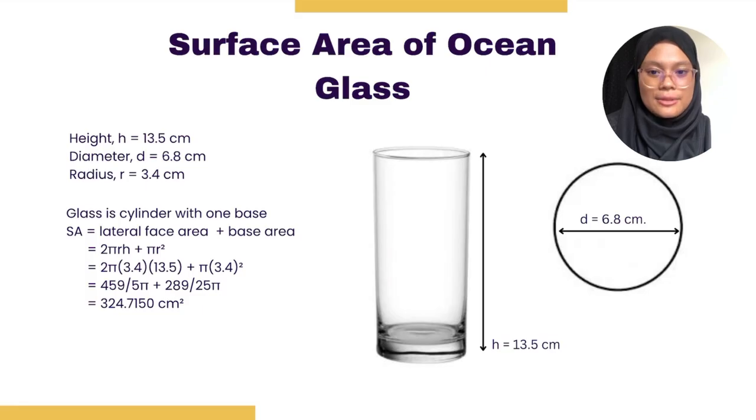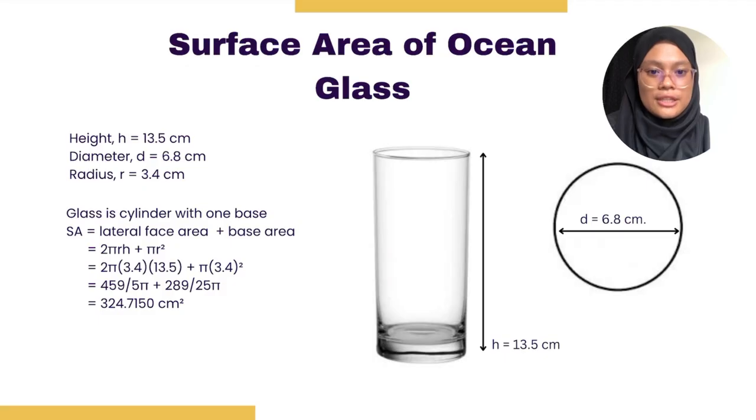Calculate the surface area of the ocean glass. Given height equal to 13.5 cm, diameter equal to 6.8 cm, and radius equal to 3.4 cm. The glass is a cylinder with 1 base. The formula for surface area of a glass equals lateral face area plus base area, which is 2 pi r h plus pi r squared.